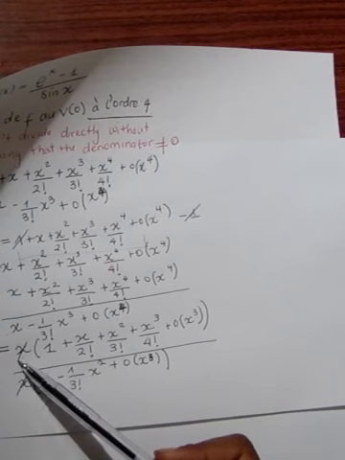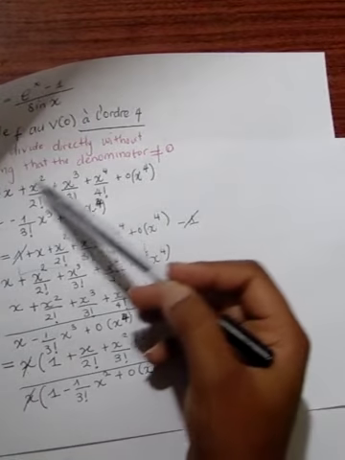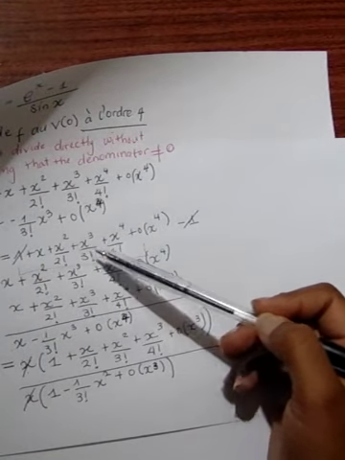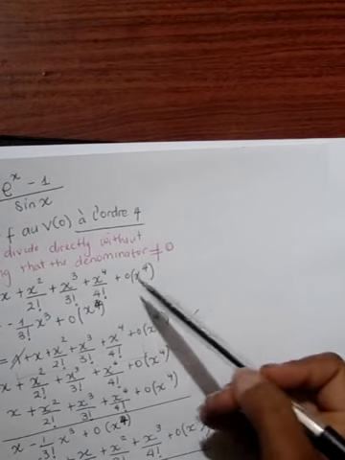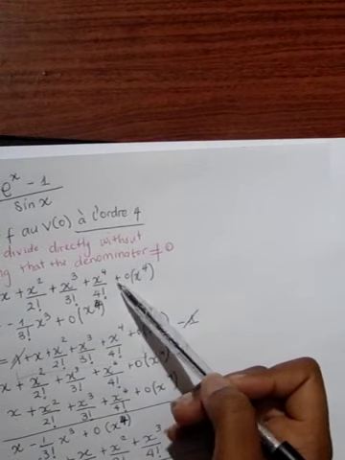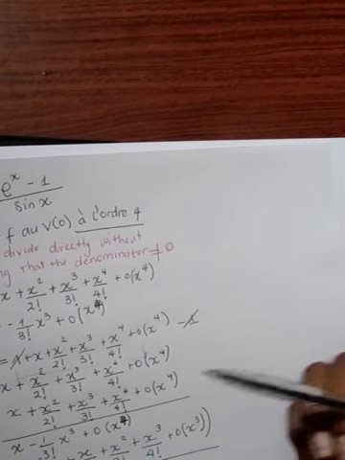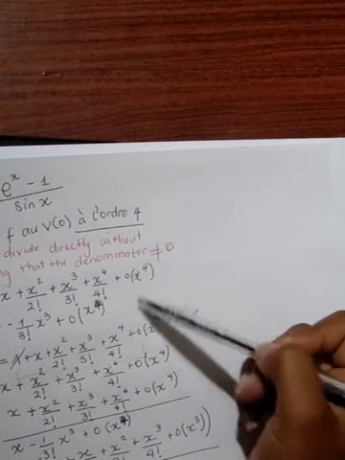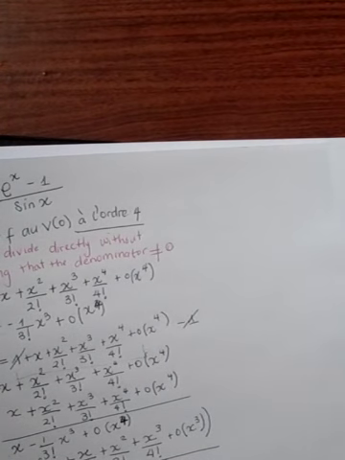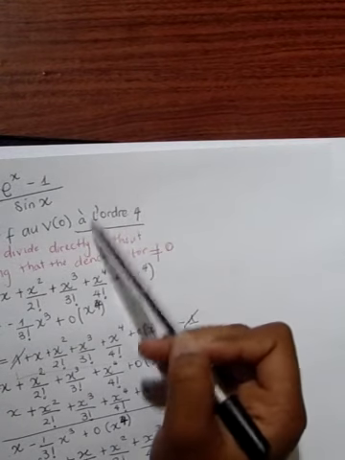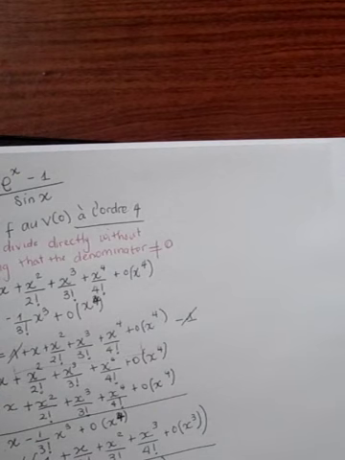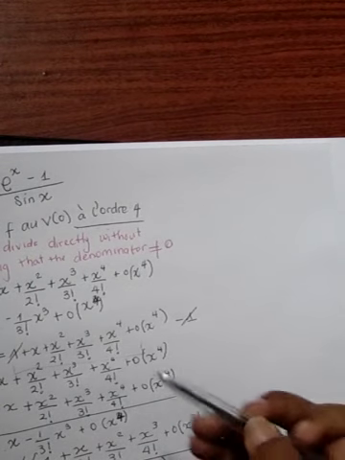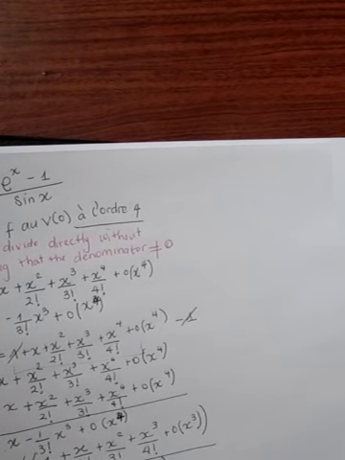So we have to redo this whole process again, but by adding another expression right here, so that it can become the order of 5. But our final answer is going to be to the order of 4. I know it's a bit confusing, but I'm going to break it down right here.